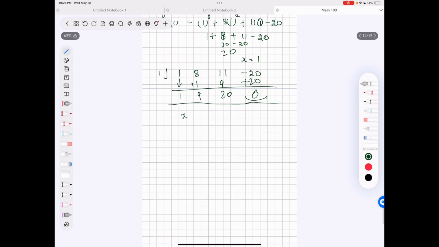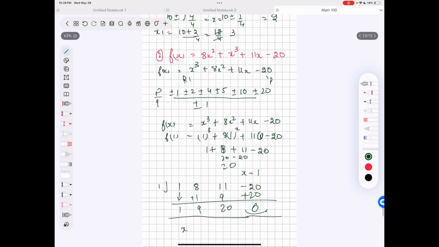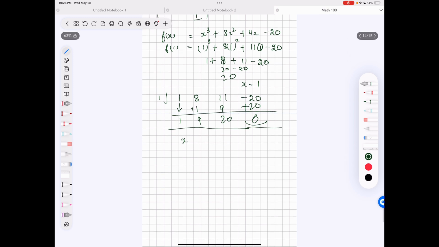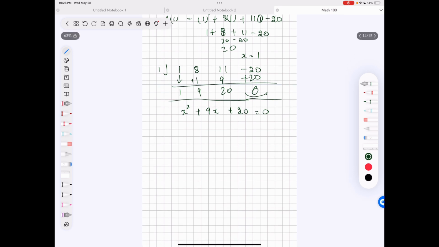So the quotient that we get is x squared, since the leading coefficient was with the cubic term. We're gonna do this quadratic here: x squared plus 9x plus 20 equals 0. Since this equation is quadratic, we can factor it, or we can use the quadratic formula, but I would just factor it.